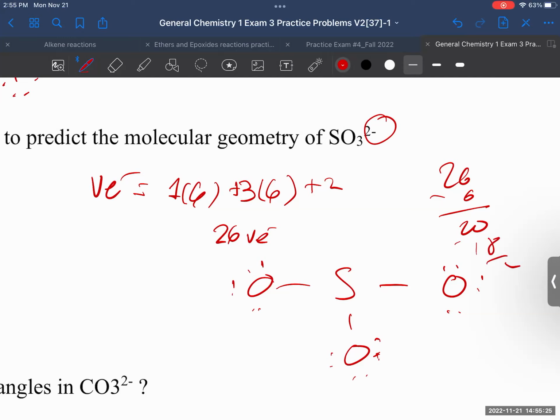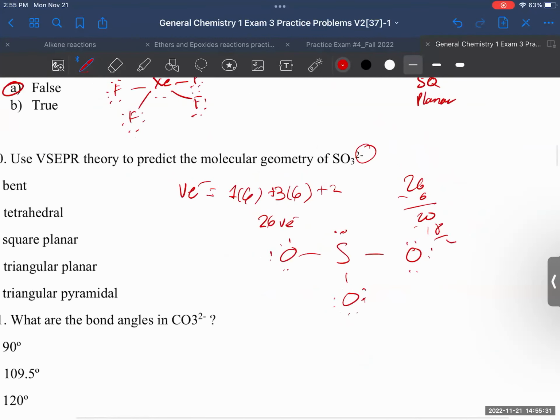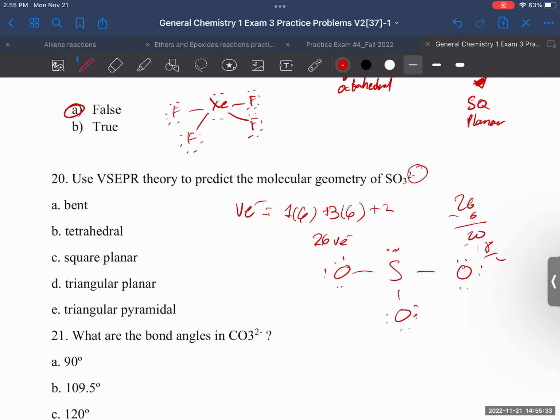And you have 2, so you're gonna add 2 on sulfur. And then you know that it can't be trigonal planar because you have the lone pair above that sulfur. So it's gonna push these oxygens back down and it's gonna be trigonal pyramidal, right?